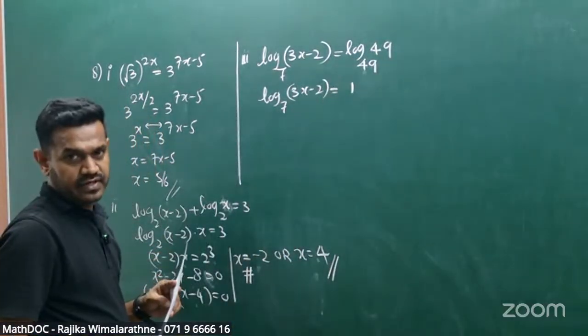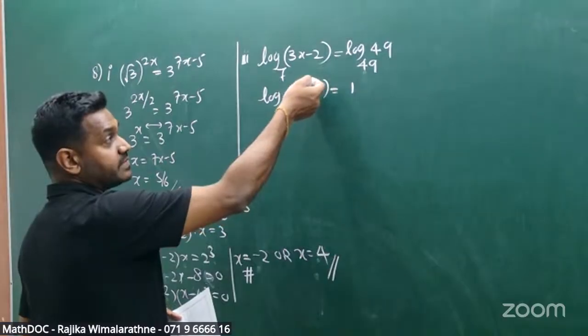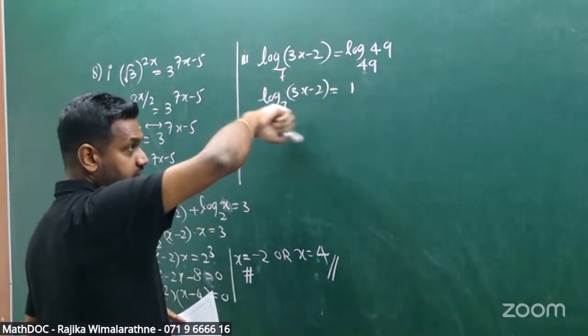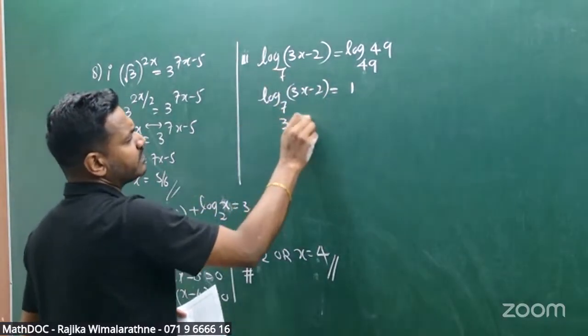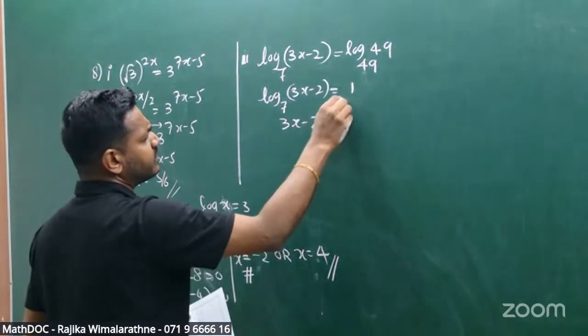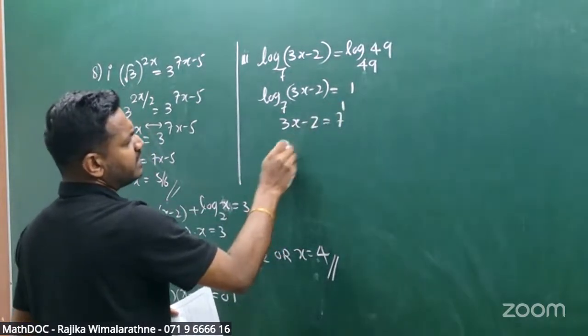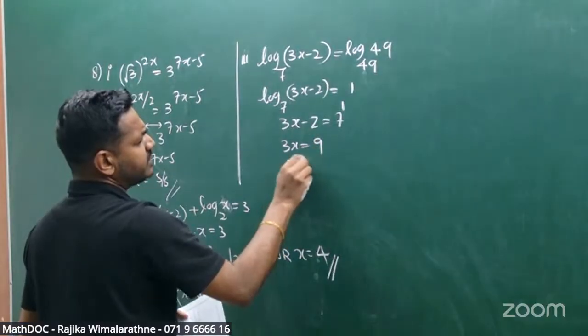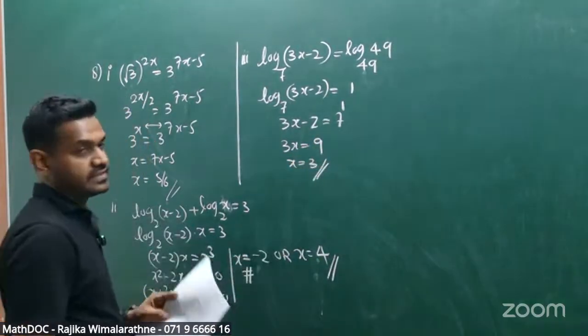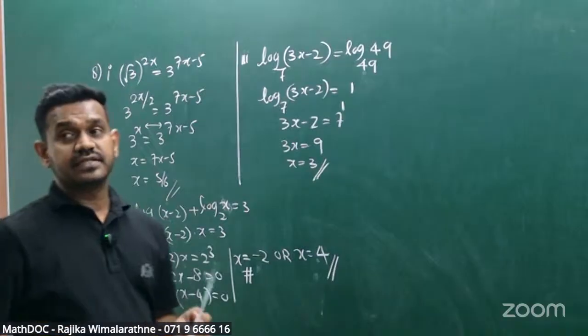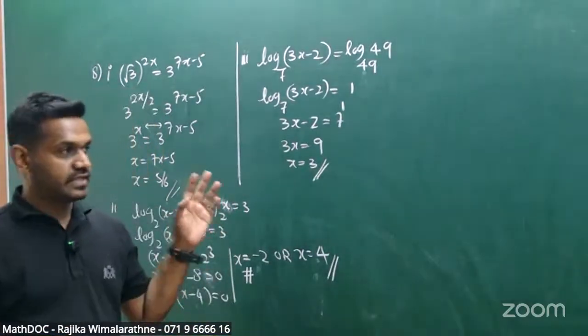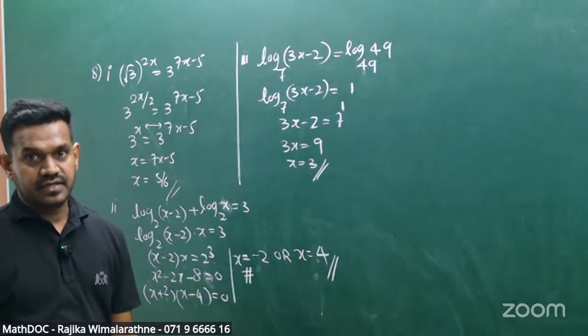Then by the fundamental theorem subject 3x minus 2. 3x minus 2 equals 7 to the power 1. Then 3x equals 9, x equals 3. X equals 3. So exponentials, logarithms, definitely for your term test, there will be questions.